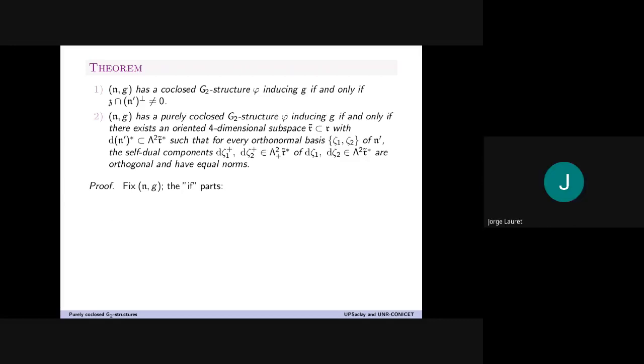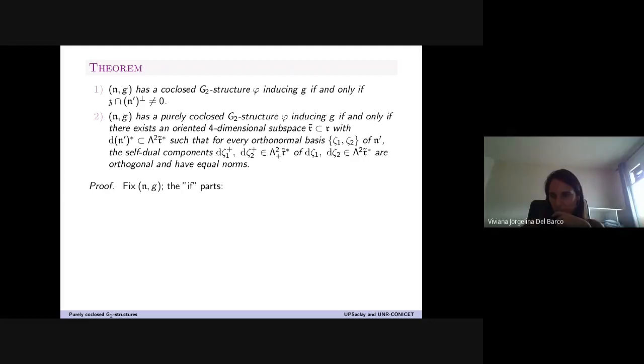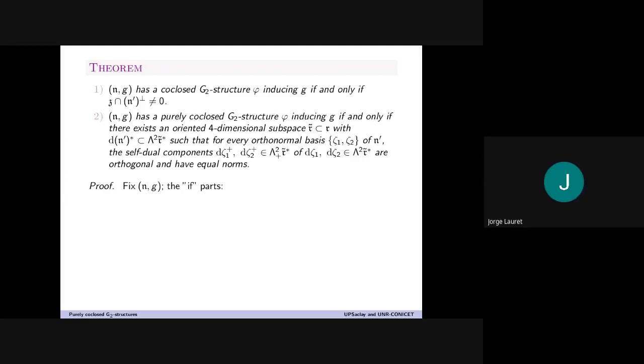Yes. In the case of dimension of n prime 1, the condition for the existence of a purely coclosed structure was in terms of the Ricci eigenvalues. I mean, you can write that in terms of the set of Ricci eigenvalues very easily. I wonder, what about this number 2? Do you know if you can write the condition in terms of the Ricci eigenvalues, maybe in a neater way?